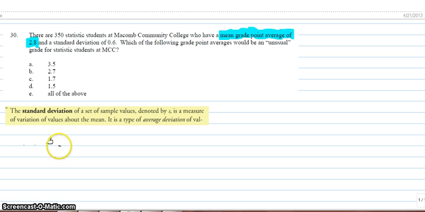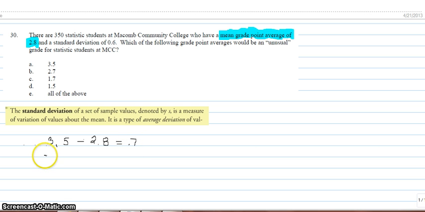That's 3.5. And we're going to want to subtract the mean grade point average from that to see how far away they are. 3.5 minus 2.8 equals 0.7.